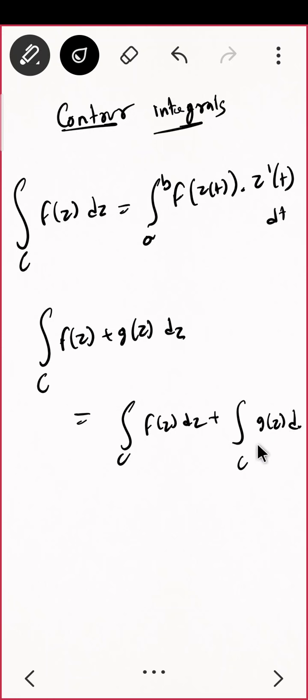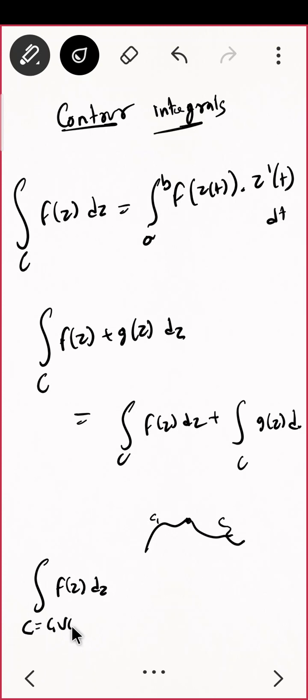And one more: if you are having two curves, say this is your C1 and after this there is a C2, then the integral of f(z) dz over C, where C is C1 union C2, will be equal to the integral over C1 plus the integral of f(z) dz over C2. Correct? This we have also proved, if you remember.